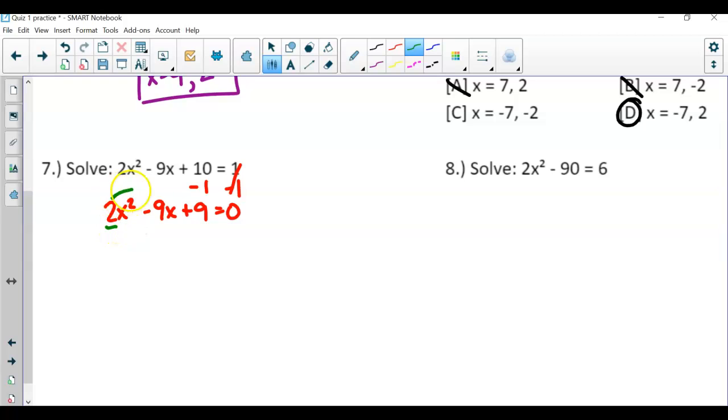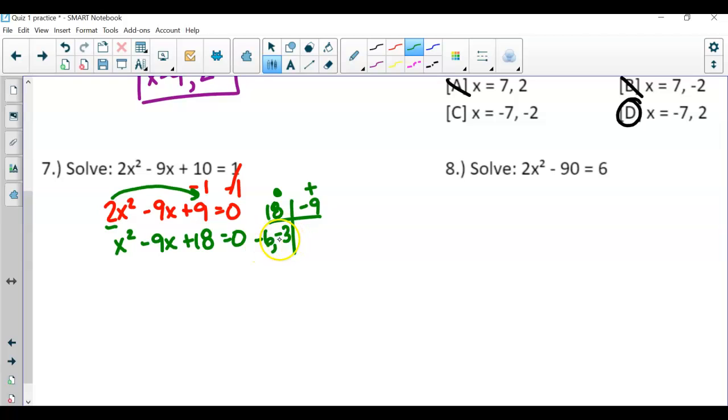So I'm going to go ahead now, and we're going to solve, but going bottoms up. So x squared minus 9x plus 18 is equal to 0. Now I can go through and factor. What numbers multiply to get you positive 18, but add to get you negative 9? Negative 6 and negative 3.